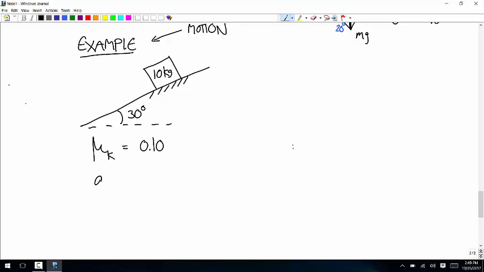And we want to calculate the acceleration vector. Okay, so the first thing is to choose the coordinate system. The y-axis goes out of the surface, and so the x-axis in this case has to be that way. Then draw a free body diagram of the box.